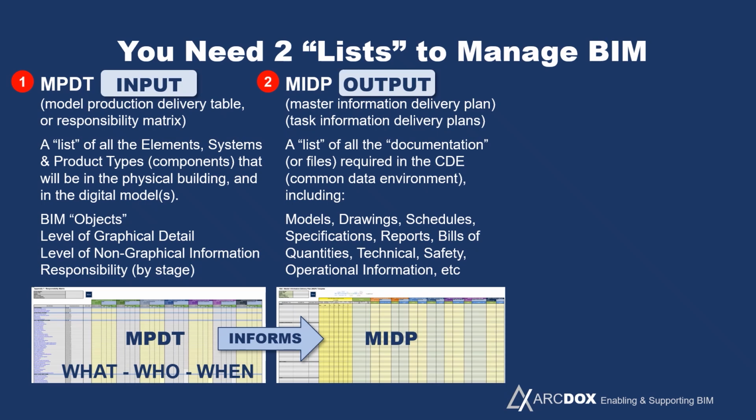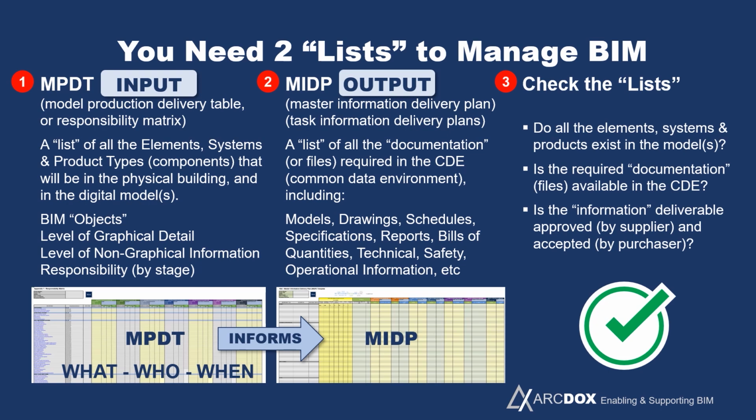So going back to the previous image, for everything that we put into the building, there will be these three types of data: model geometry, non-graphical information, and a list of documentation related to those things. So they are connected. And with these two lists in place, we can begin to manage progress on the project, of how everybody is doing.